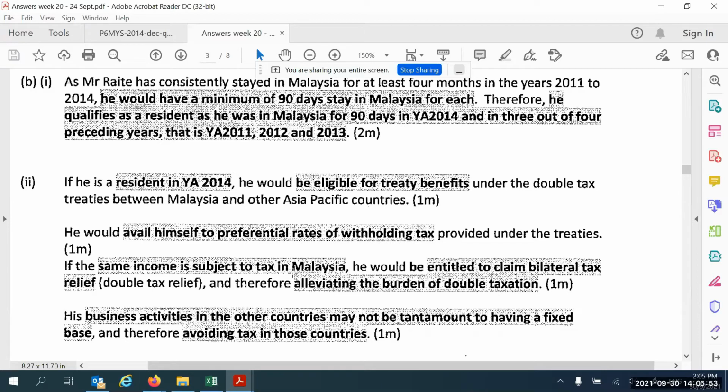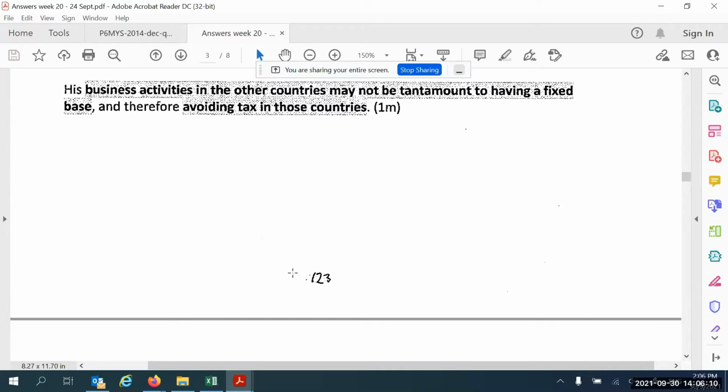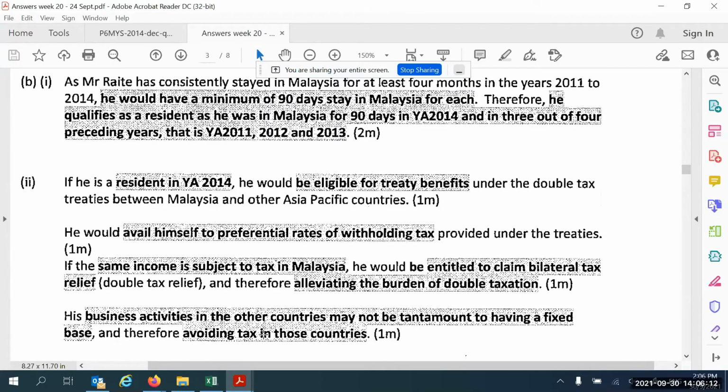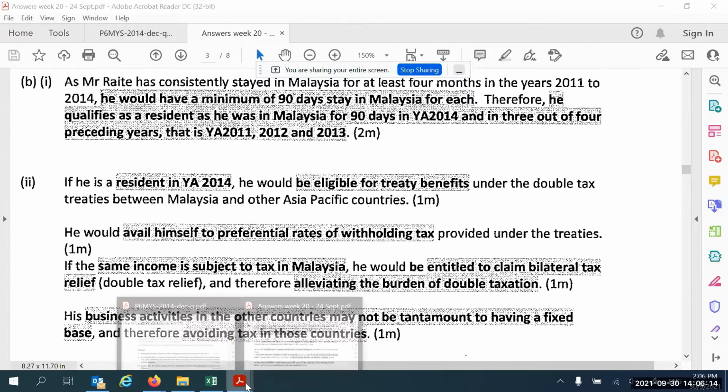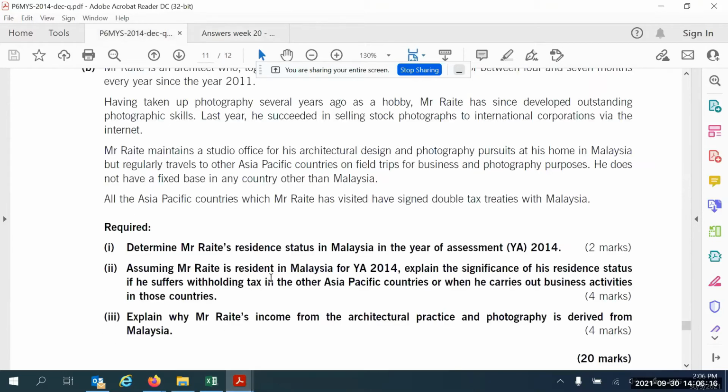That's why they say he will avoid business tax, but withholding tax, he may be taxed on it. So avoiding tax in this situation is avoiding business tax. When you learn, you will find it easier to understand.